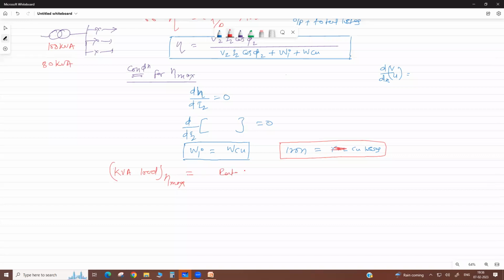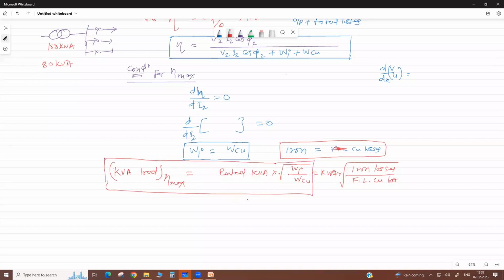Very simple: rated kVA, meaning full load rating, into the root of the ratio of iron loss to full load copper loss.